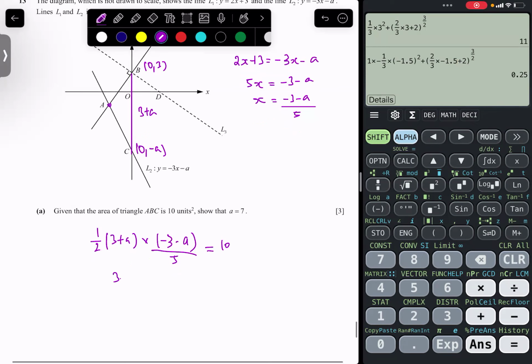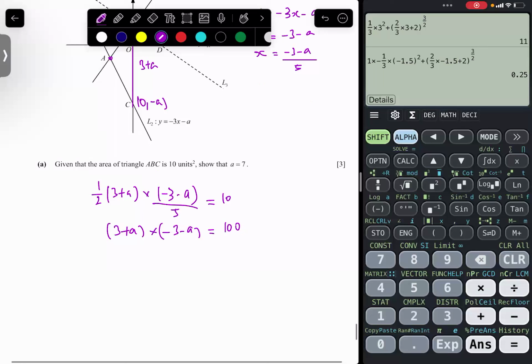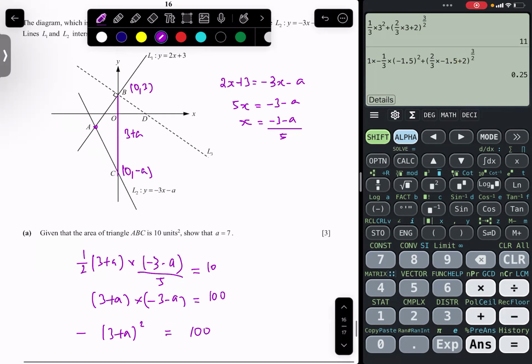So we'll have (3 + a) multiplied by (-3 - a) equals 100. So negative (3 + a) squared equals 100. How does that make sense? Did I make any mistake? Let me check.